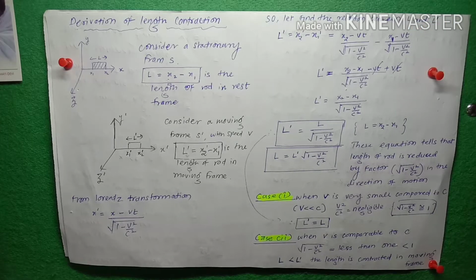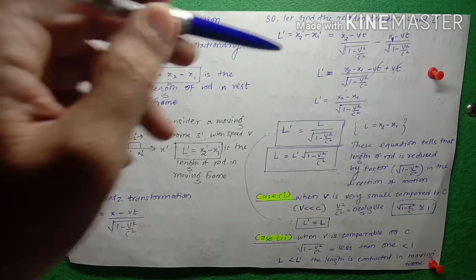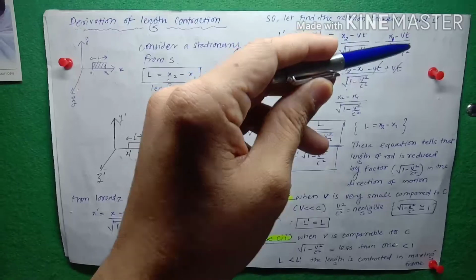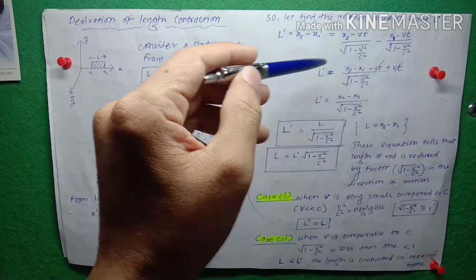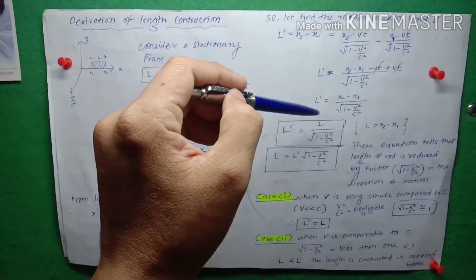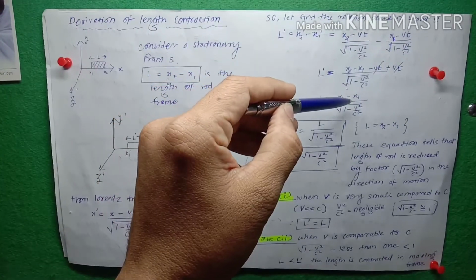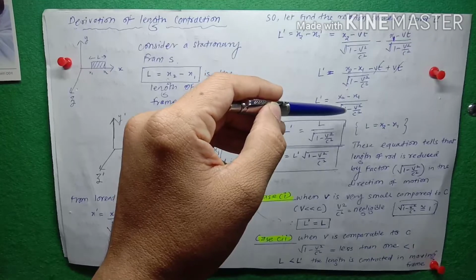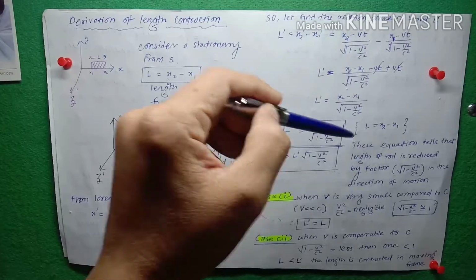Now it is correct. So (x1 minus vt) divided by the root of 1 minus v square by c square. By taking the difference between them and solving the equation, we will get L dash is equal to (x2 minus x1) divided by the root of 1 minus v square by c square.